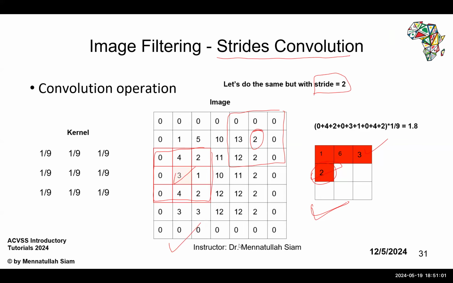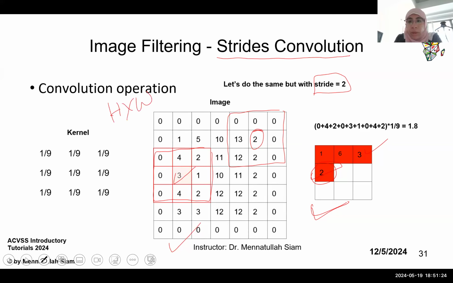You are reducing the size of the original image. Exactly, thank you. The strided convolution is not only doing convolution, it's also doing what pooling would do. You can do pooling with kernel size 2 and it will do the same, where the input height by width becomes height over 2, width over 2. So you reduced the resolution.